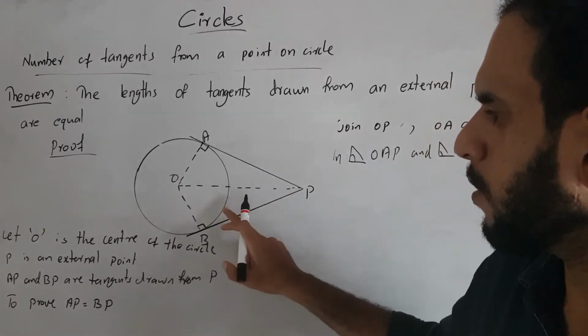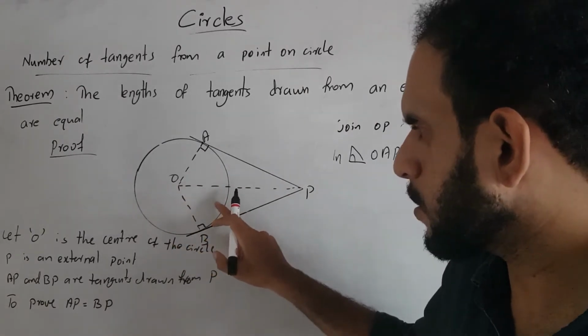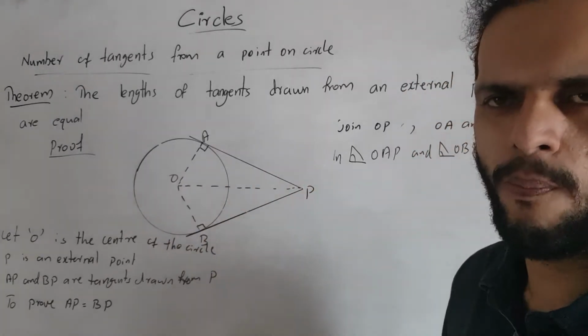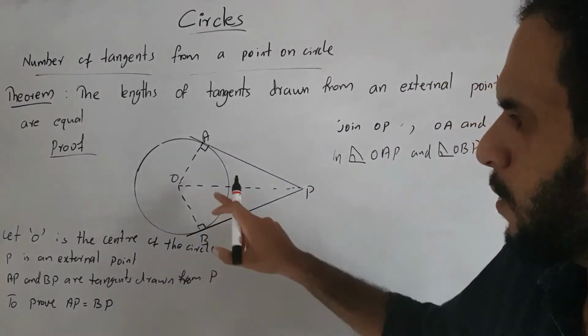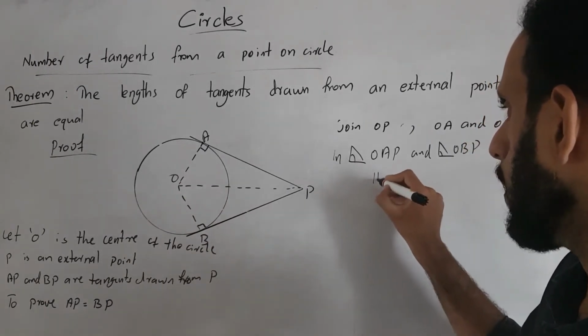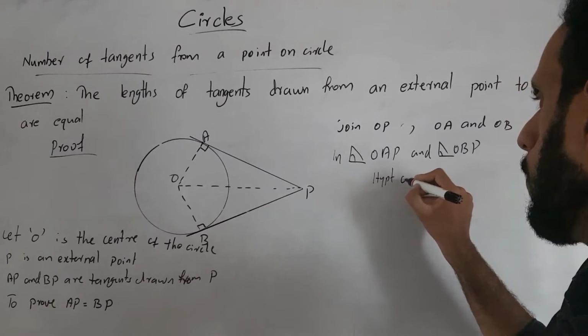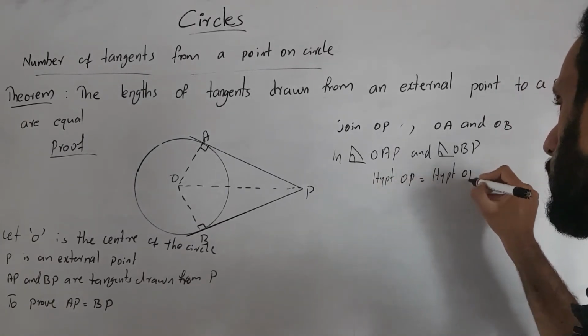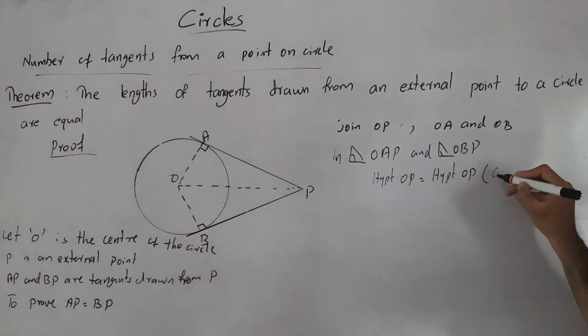The hypotenuse of right triangle OBP is also OP, correct? That means OP is equal to OP. So it is possible to write hypotenuse OP is equal to hypotenuse OP. What is the reason? The reason is common.